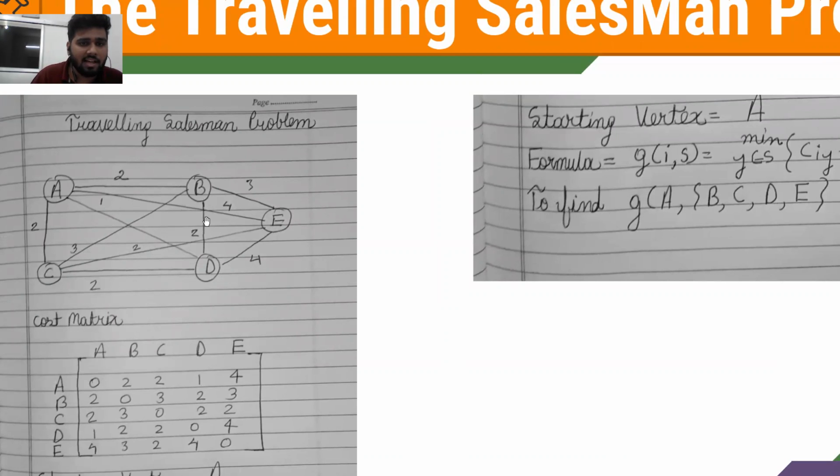This is CD, and from C to D and D to A. For G of B comma ED also, because from B we can go to E, from E we can go to D, and from D we can go to A. So these are the combinations which we are referring to here.